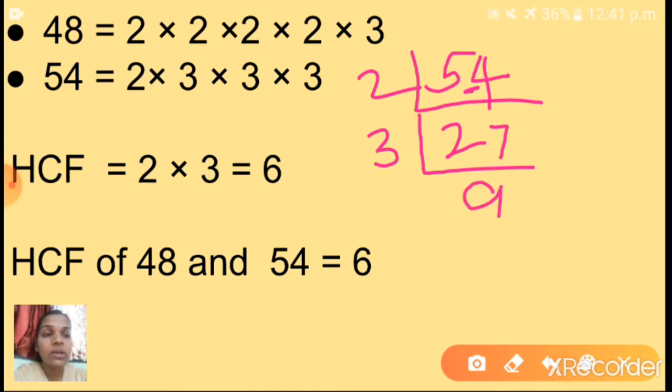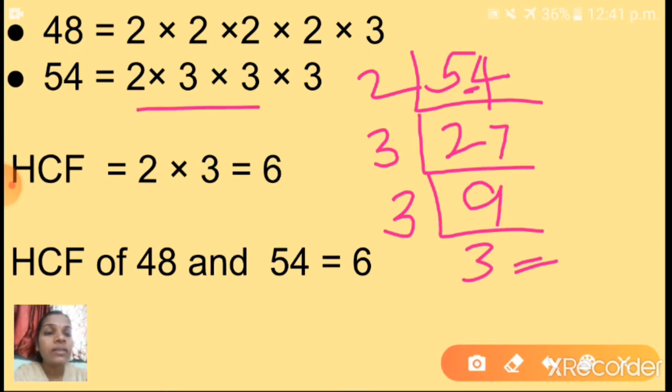Very good. 9 3's are 27. This 9 will come in which table? Yes, 3's table. 3 3's are 9. This 3 is prime number. So we will stop now. So can you say the prime factors of 54? 2 into 3 into 3 into 3. Okay, I have written all these prime numbers here.